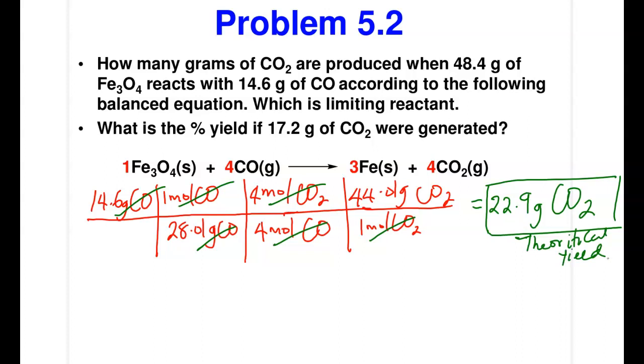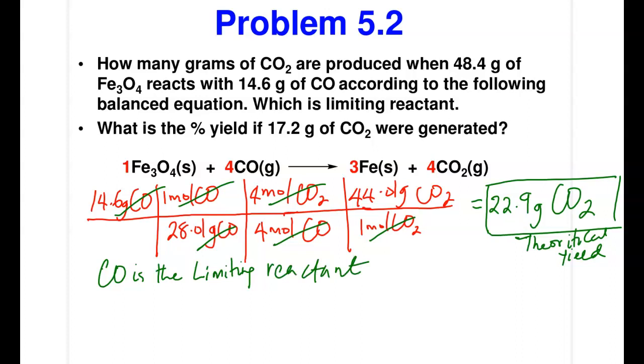Remember the formula I gave you. And of course, the limiting reactant is CO.